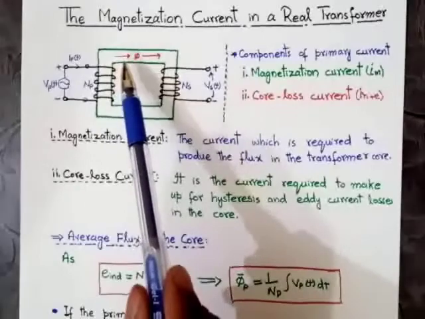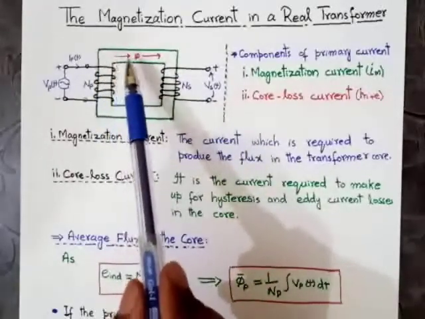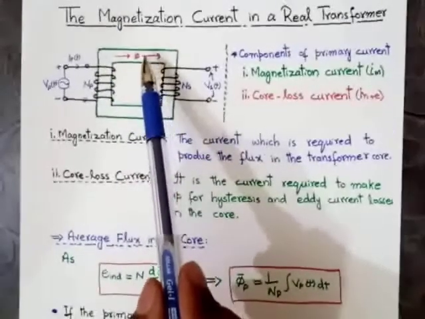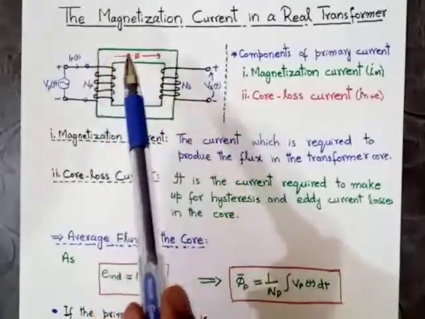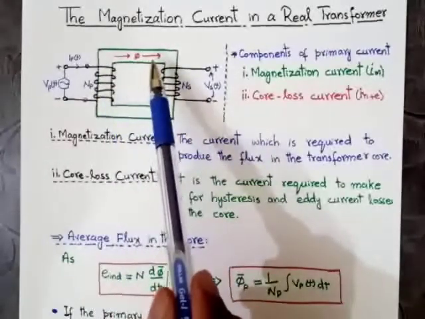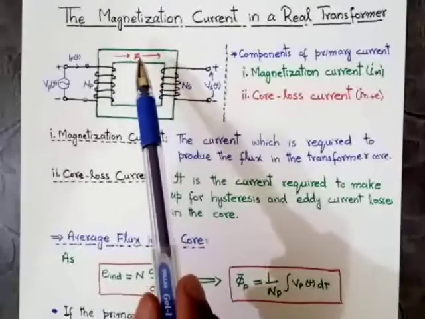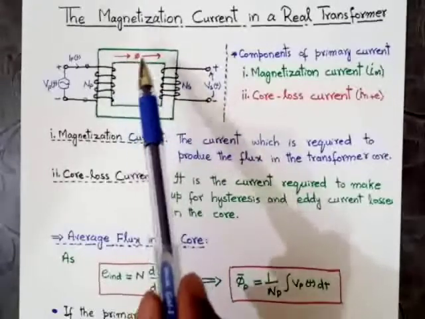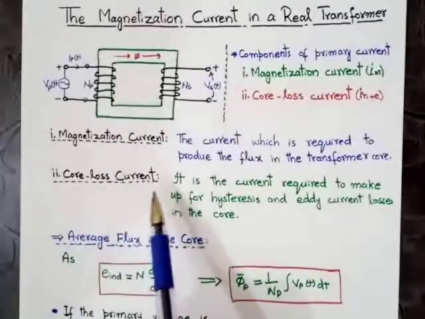The first one is the hysteresis losses and the second one is the eddy current losses. The combination of hysteresis and eddy current losses is called the core losses or iron losses. Due to these losses, there will be some current lost. This lost current is called the core loss current.